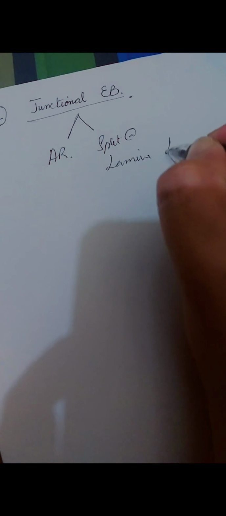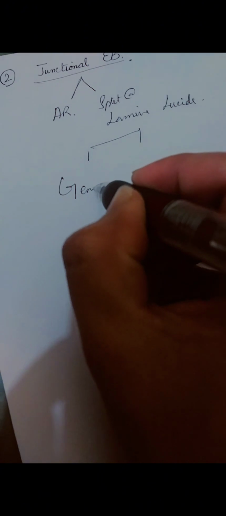Next is about junctional EB. For junctional EB, the two important things are that it's autosomal recessive and the split is at the level of the lamina lucida. Now there are different types of junctional EB, broadly dividing into generalized and localized.